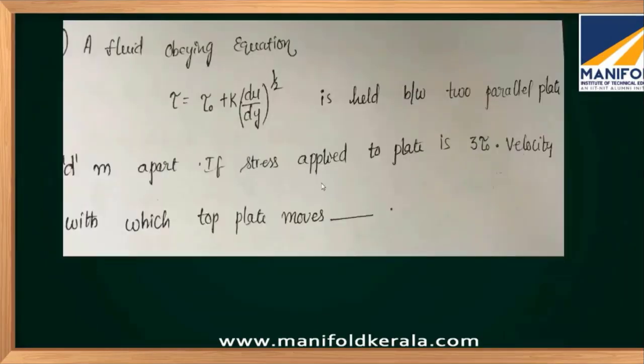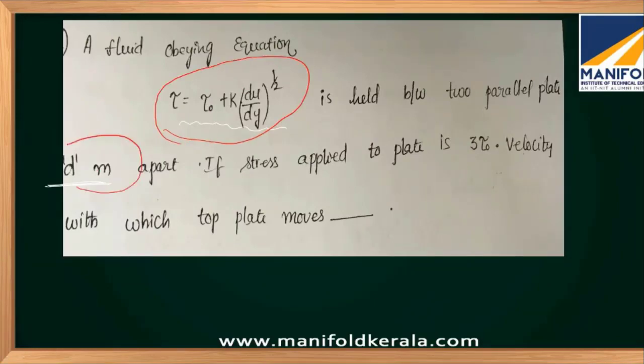Right. See this question. The fluid obeying the equation tau equal to tau naught plus k into (du by dy) whole power 1 by 2 is held between two parallel plates d meters apart. This is the given equation. You can copy it in your notes.